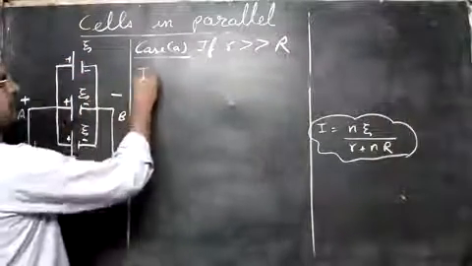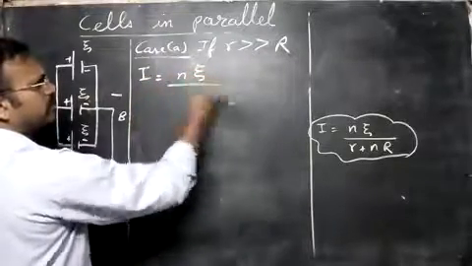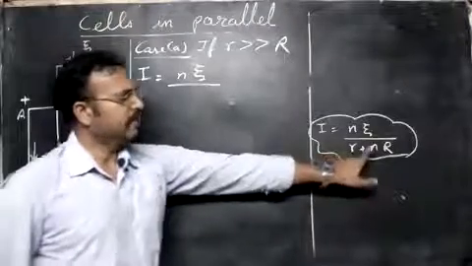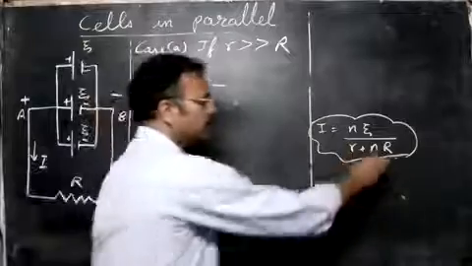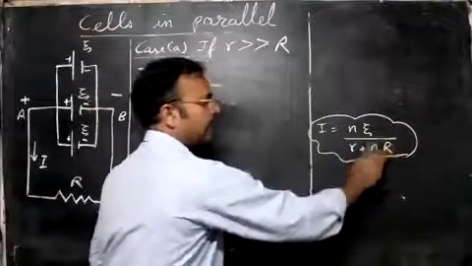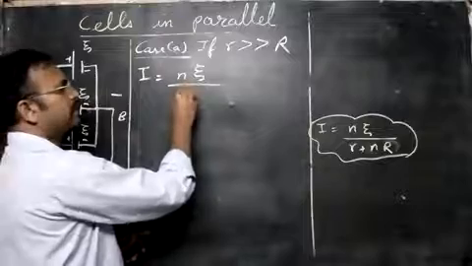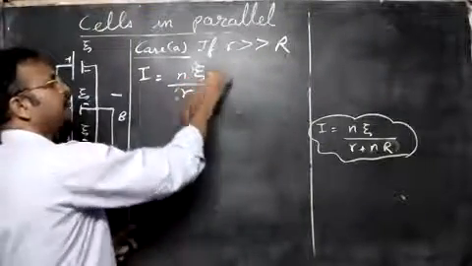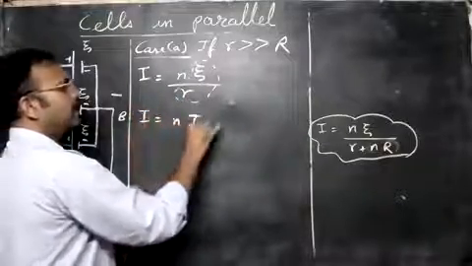So I is equal to n times the EMF over this. The small r is much greater than the capital R, so you can neglect this capital R term here. When we neglect it, we get n times epsilon by small r. This term we write as I1.